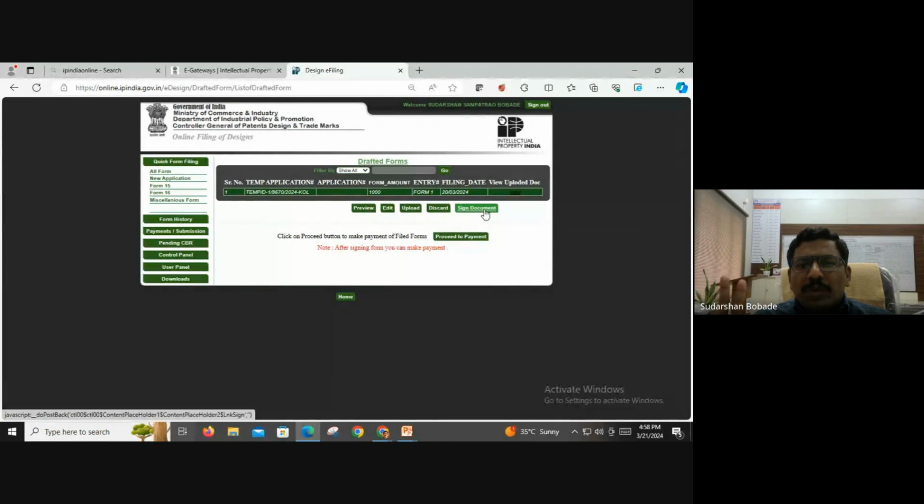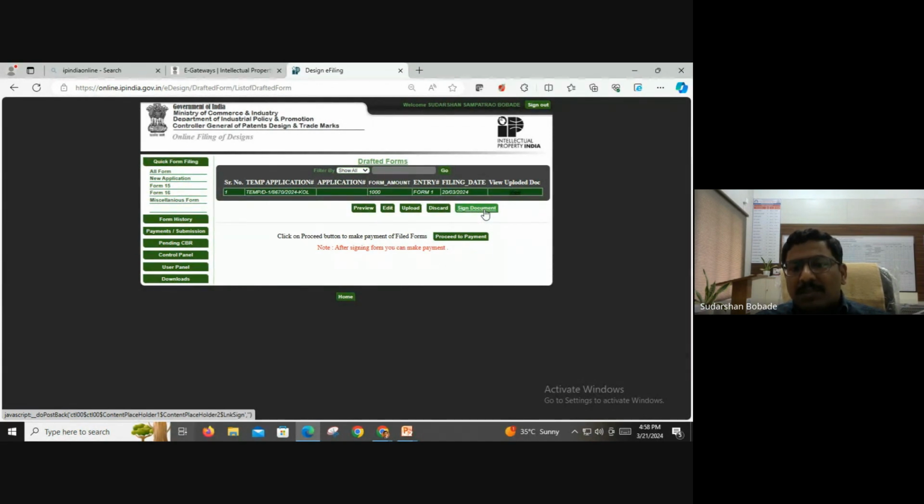So there are two types of password required. Whenever you purchase a digital signature from eMudra or TCS or any other organization, you have to set that digital signature in such a fashion that before entering any portal and enabling your DSC, there is a login credential requirement, just similar to a user ID and password.